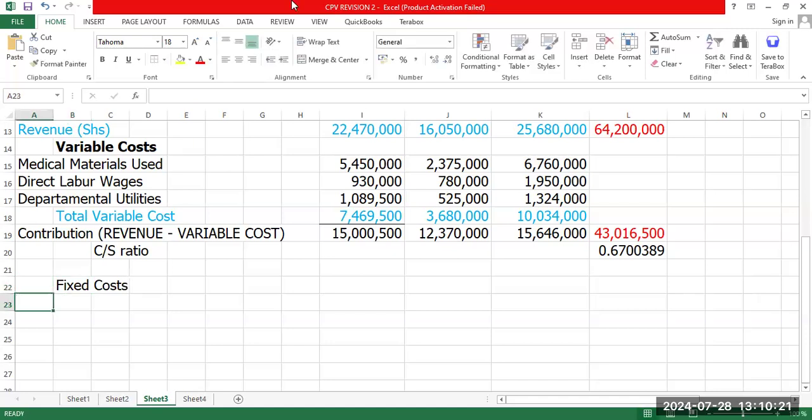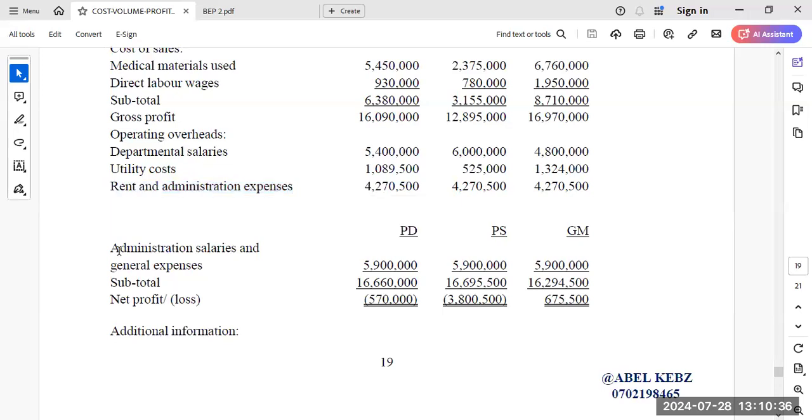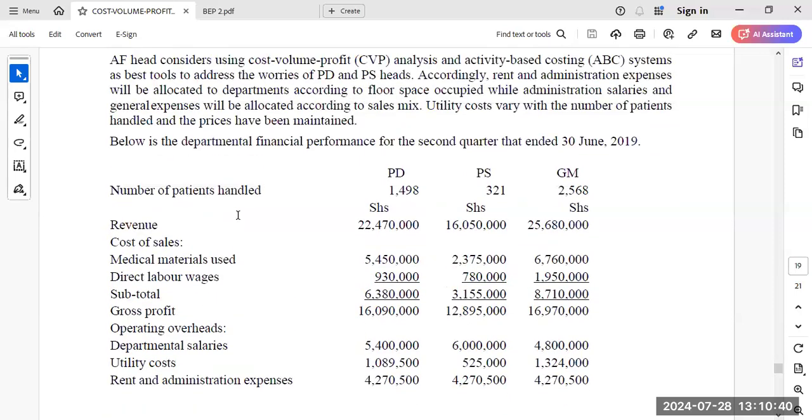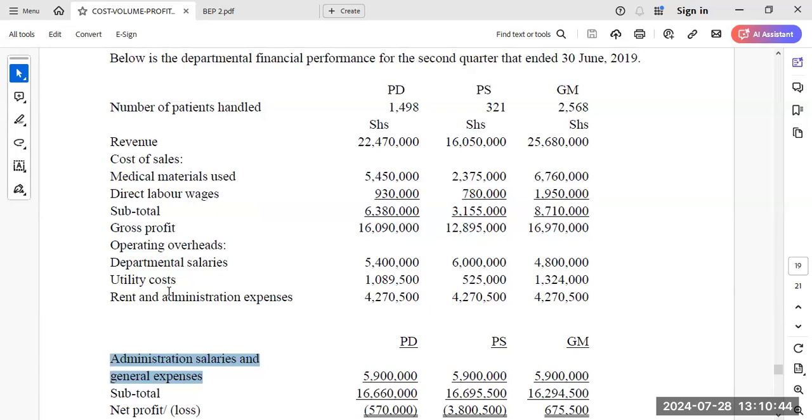With fixed costs basing on our question, we have departmental salaries, rent and administration expenses, administration salaries and general expenses, because there is nowhere where they said these ones vary with the number of patients.